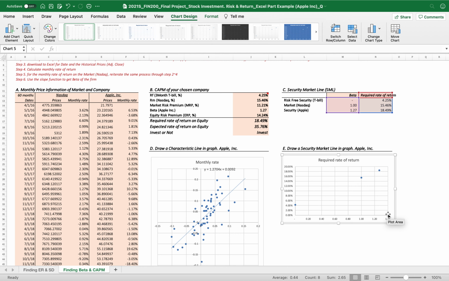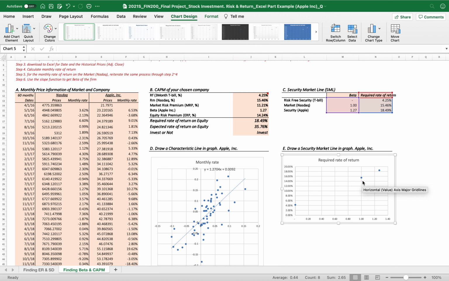The x-axis is the beta. 1 is the market beta, where the required return is 15.46%. The intercept on the y-axis, where beta equals 0, is the risk-free security, the Treasury bill. And this dot is Apple, at beta 1.27, with a required rate of return of around 18%.